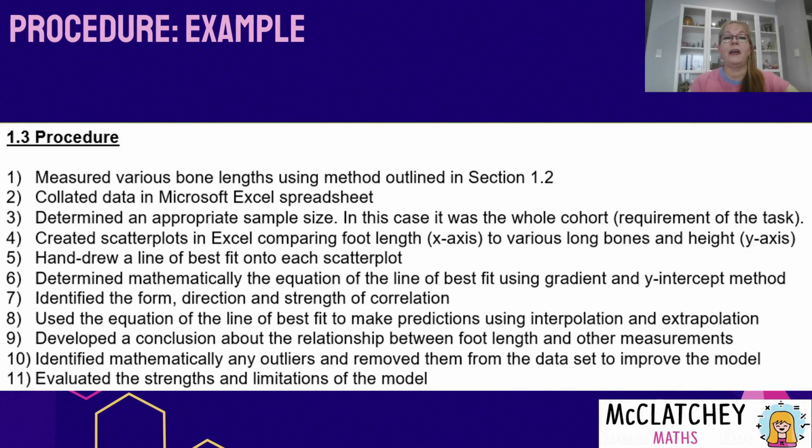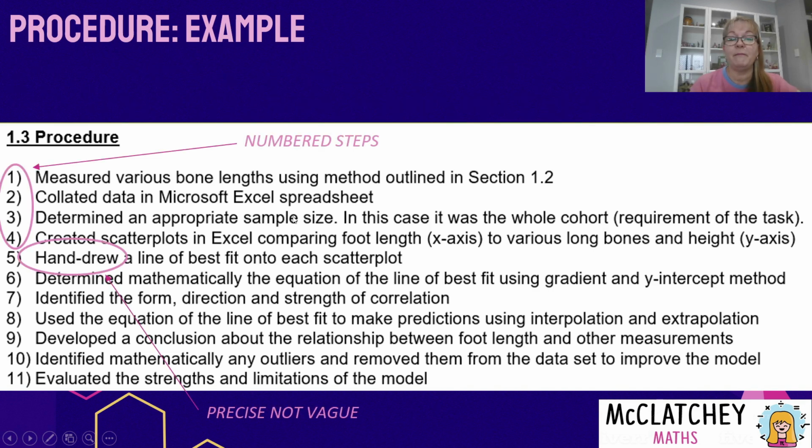Here's an example of a great procedure. Notice it's done with numbered little points. It's references to different sections of the assignment. It's done as dot point, not full sentences, which is fine because they are steps. But they've got all the aspects in here, and they've managed to cover everything. They've been precise. They haven't just said drawn a line of best fit onto each scatter plot, because that could indicate with or without technology.